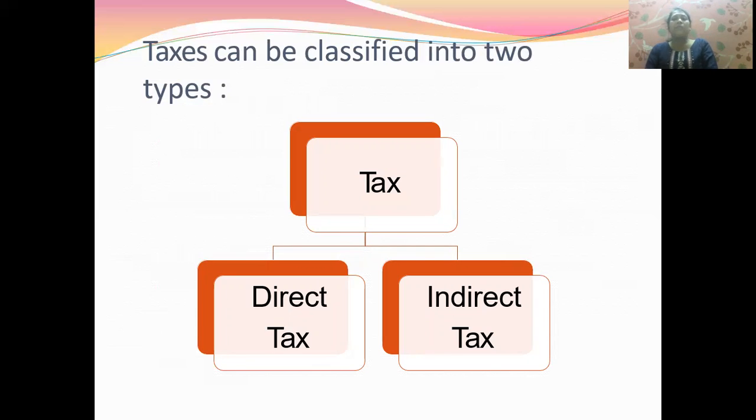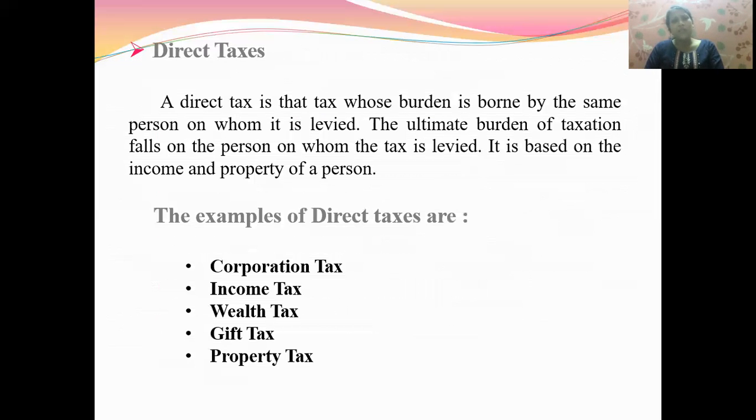So taxes can be classified into two types, as already mentioned in our earlier lecture, the direct tax and indirect tax. So what is direct tax? A direct tax is that tax whose burden is borne by the same person on whom it is levied.